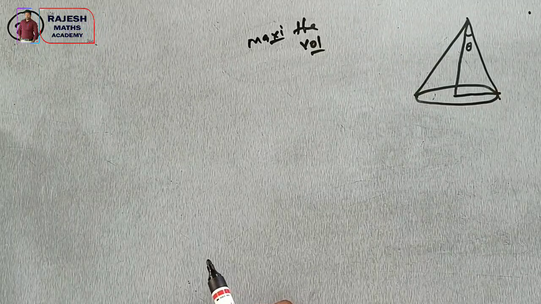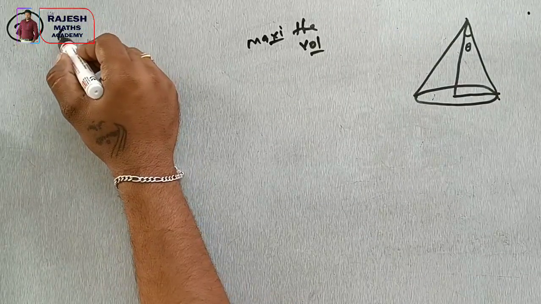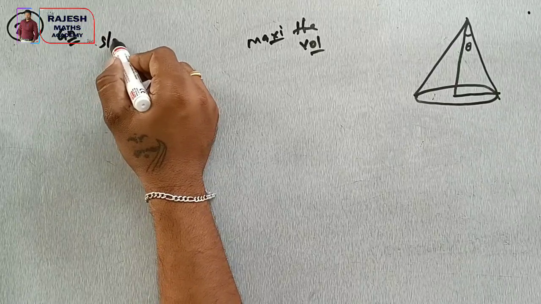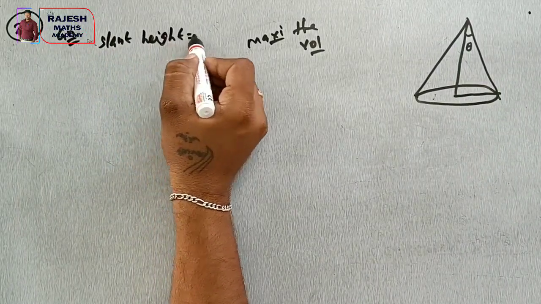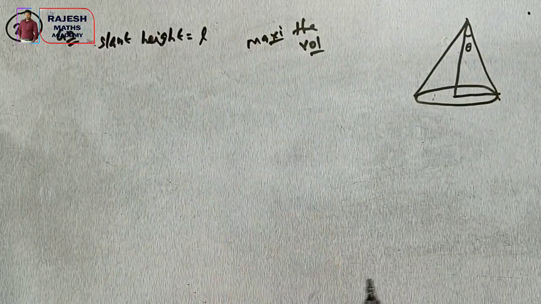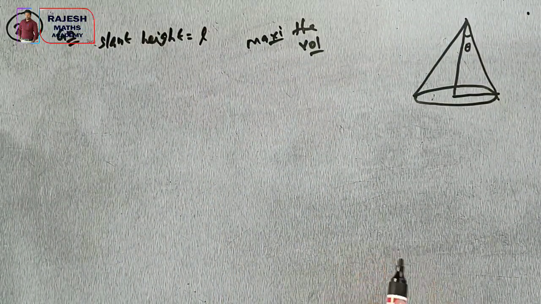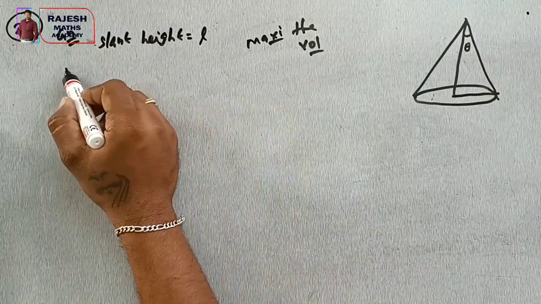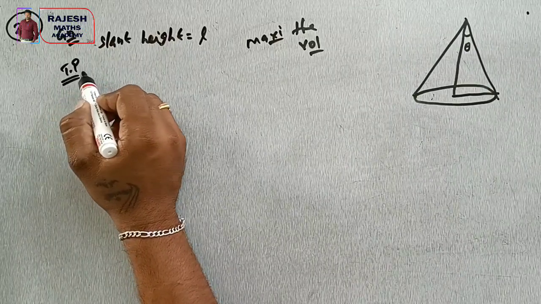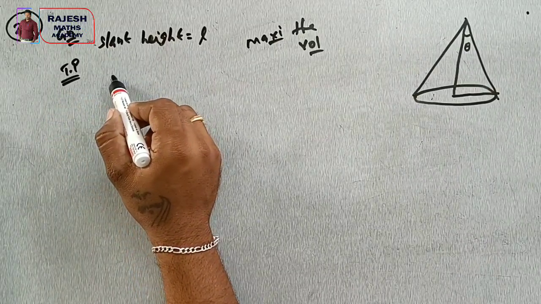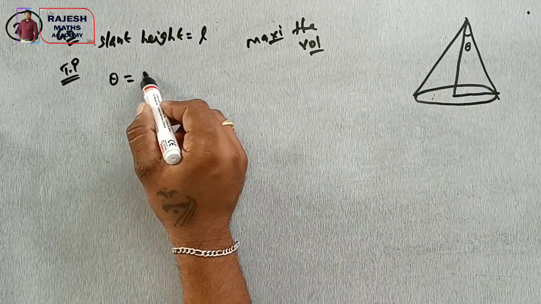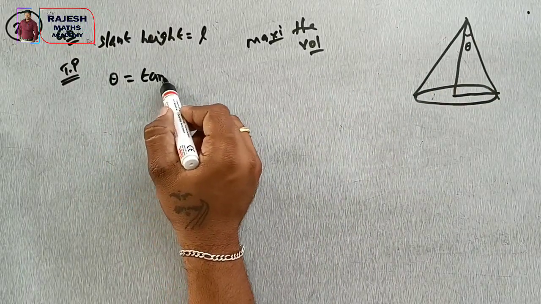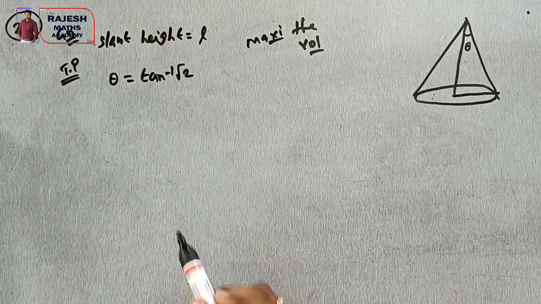We have to maximize the volume. Given slant height. So what is given for us? Slant height of the cone equals L. So L is given for us, and we have to maximize the volume. If we maximize the volume with the given slant height, we will get the semi-vertical angle theta equal to tan inverse of root 2. That we need to prove.